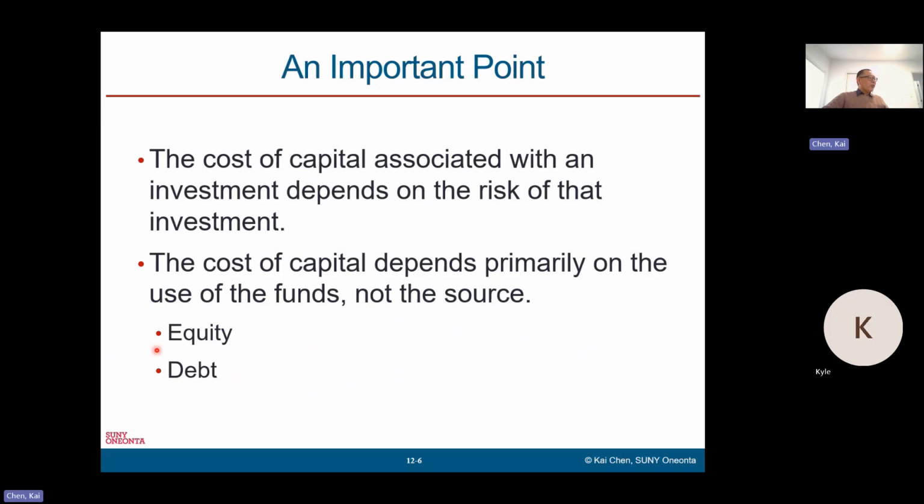That means if a company makes money, you can receive dividends. Otherwise, if the company is losing money, you may lose your investment. So of course, equity has a higher risk than debt. Then in this case, the cost of equity would be higher than the cost of debt.